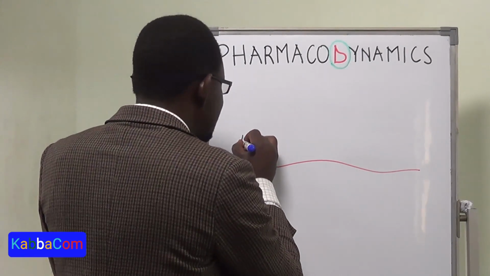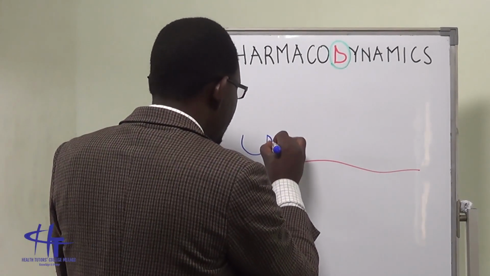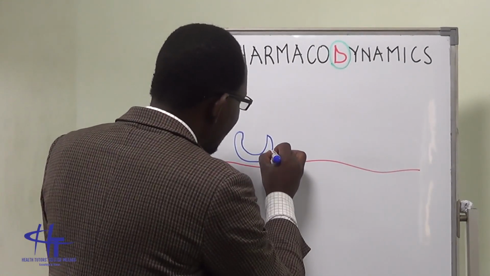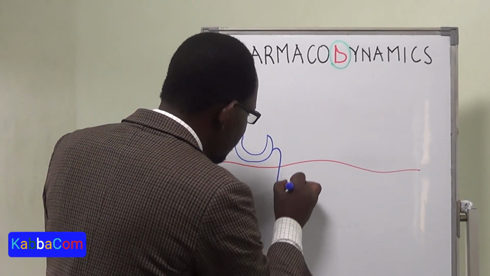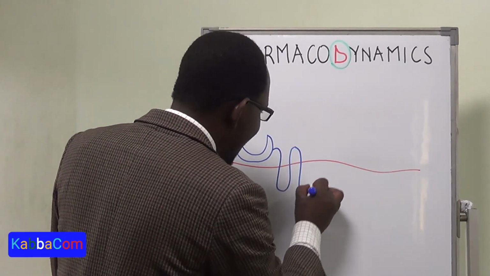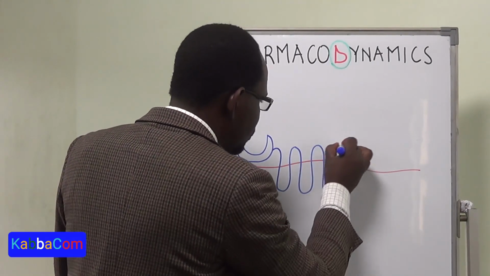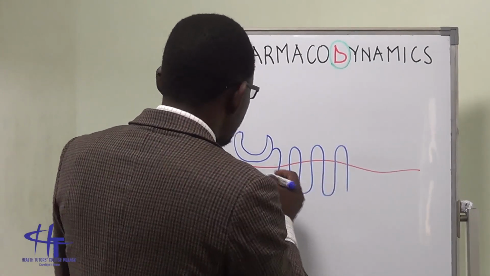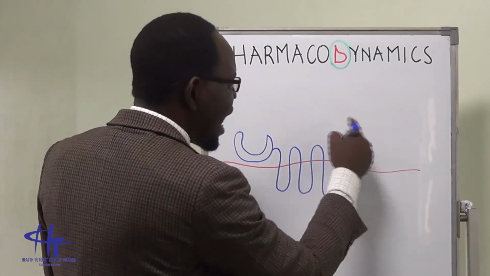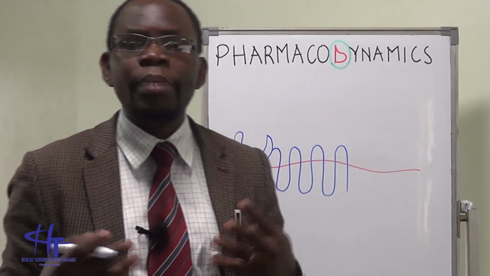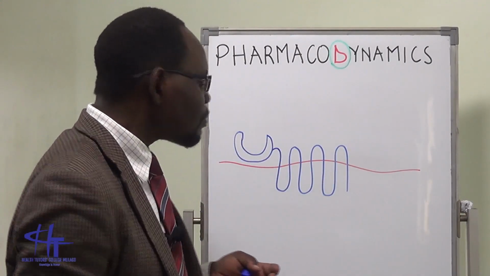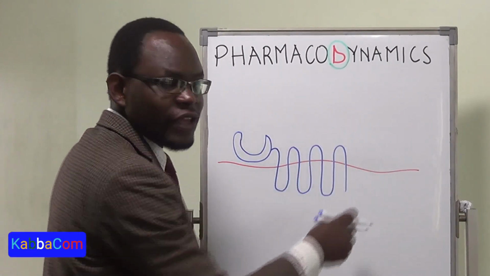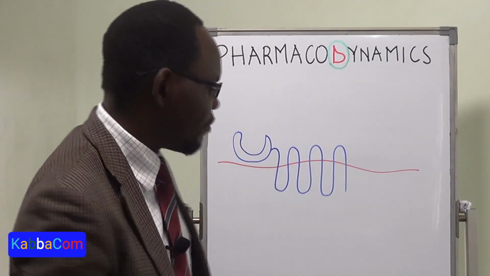It has the receptor site, and then it traverses the cell membrane 7 times. That's why it's called 7-pass. So 1, 2, 3, 4, 5, 6, 7. And for the same reason, we also call it serpentine, because as you can see, it resembles a snake, or the serpent for that matter.